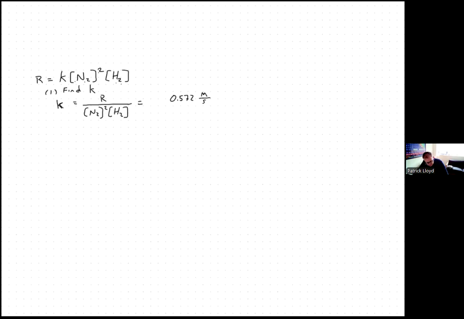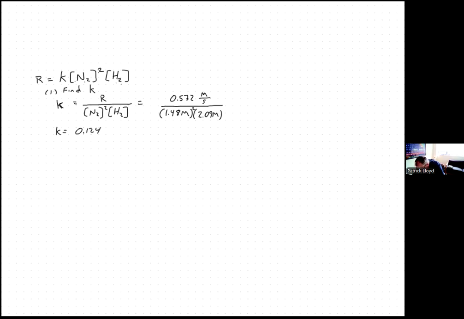The concentration of N2 was 1.48 molar, and the concentration of H2 was 2.09 molar, but remember, it's squared for the N2. So make sure you square that N2 concentration, okay? And then I'm just going to go ahead and calculate that value. The value ends up being 0.1249.